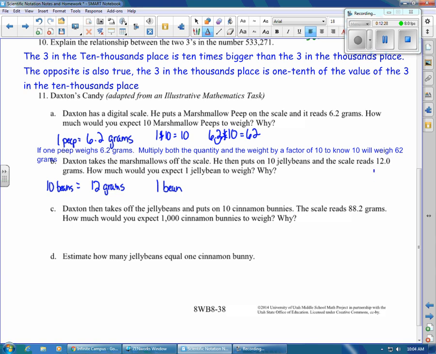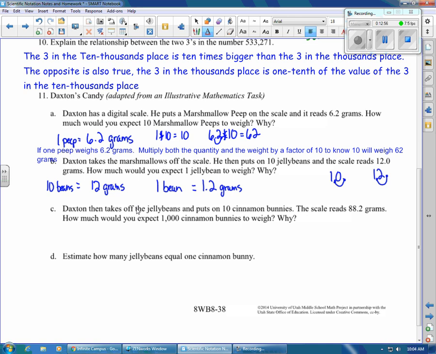I'm going to do some work over here. So 10, my decimal's here. To get to 1, I'm moving it 1 to the left. So 1 bean is going to weigh 1.2 grams. It's going to be the same type of explanation that part A is. So whatever we do to the quantity, we also have to do to the weight, keeping things even.